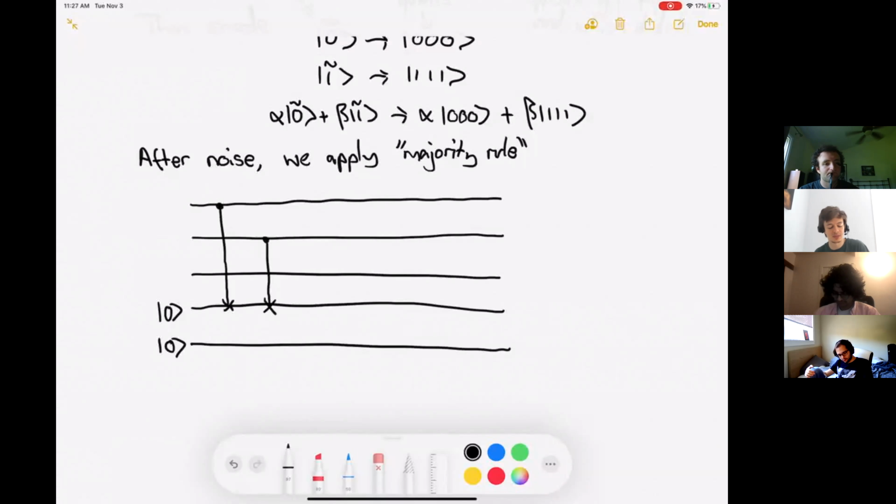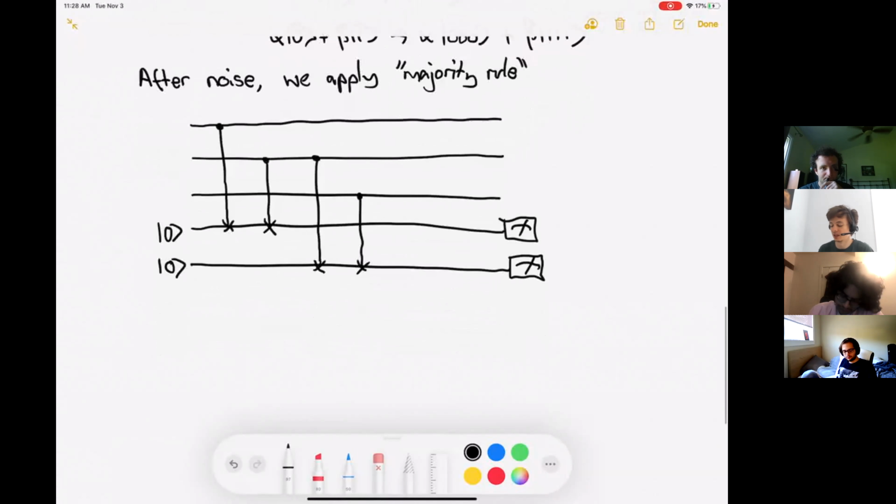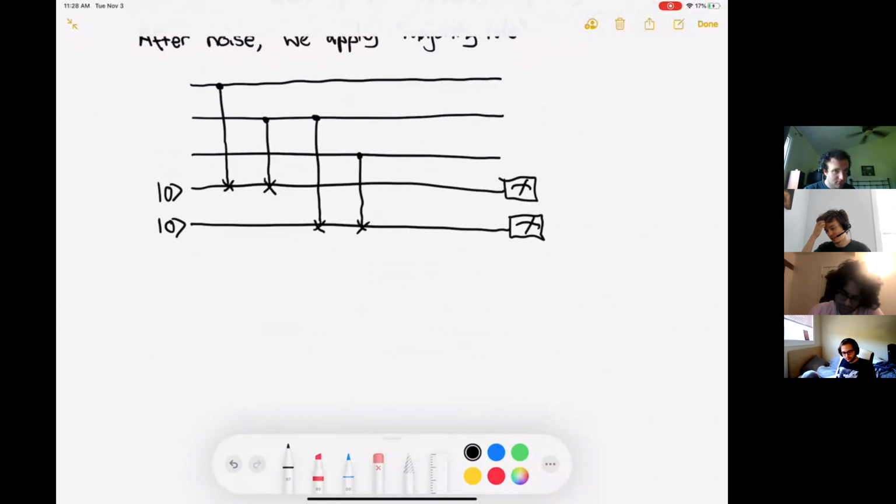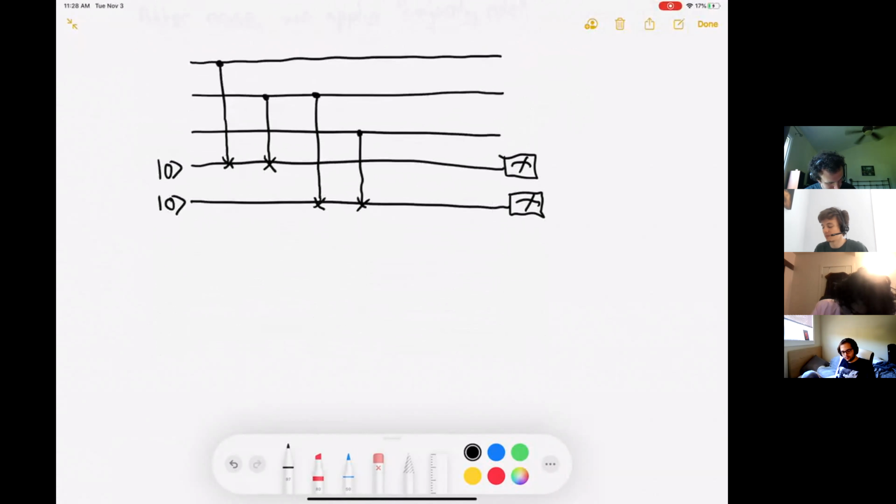For the bottom ancilla, we apply a CNOT controlled by the middle qubit, and a CNOT controlled by the bottom qubit. Then we measure both of our ancilla qubits. I claim those measurements are going to let us determine the majority rules, basically. So let's see how this works.